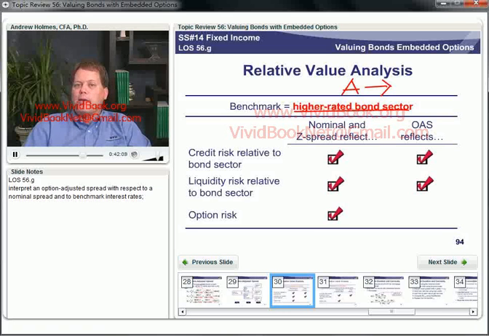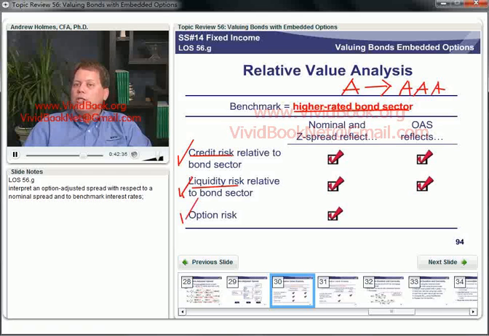That could be the treasury bonds, it could even be AAA or AA bonds, any sector that's higher rated. When we calculate the nominal and the Z spread, that has to compensate us for any credit risk, any liquidity risk, and if there's any embedded optionality, it has to compensate us for the option risk.